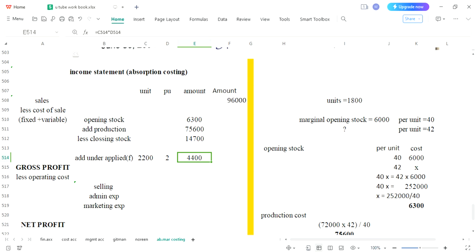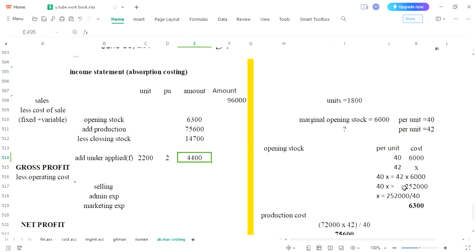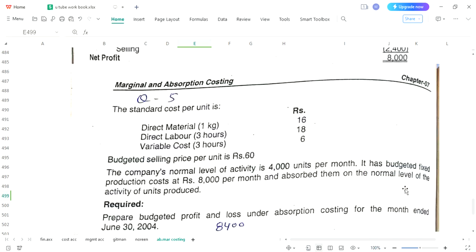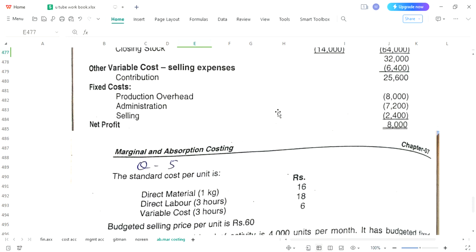After which we see selling and admin expenses if they are present anywhere in the question. So first selling expense is written over here. How much? 6400. So put 6400 over here. After which we are now searching if selling and admin are present anywhere else. Again, selling expenses and administrative expenses have arrived. Administration 7200.